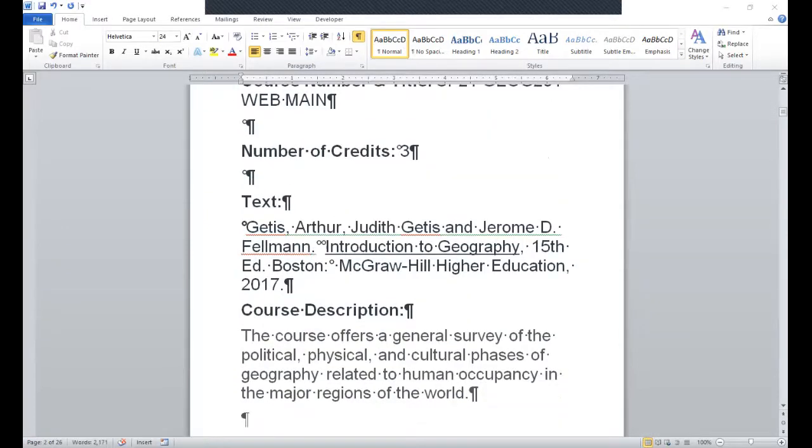The text is right here. Let's take the screen share off here for a moment. There you go. Here's the text. The 8th edition, Introduction to Geography, Arthur Geddes, Mark Bielen, and Victoria Geddes.